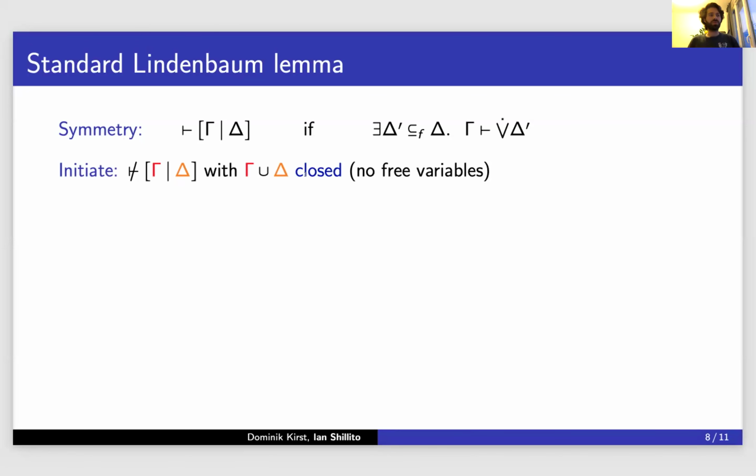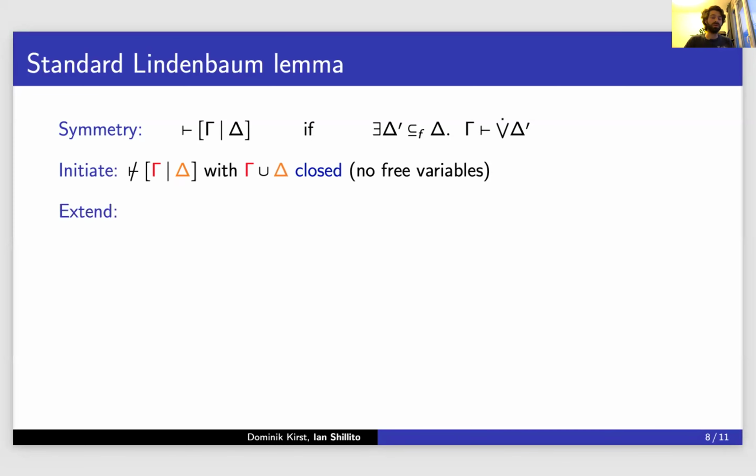When you think about it, we want to obtain at the end of the day Henkin properties, the properties that witness existentials in gamma and universals in delta. So we need to have fresh variables and enough of them to make sure that we can, along the way, make sure that our theory is indeed Henkin. And so that's why we require that gamma and delta are closed at the beginning.